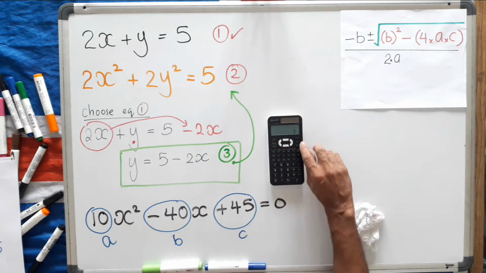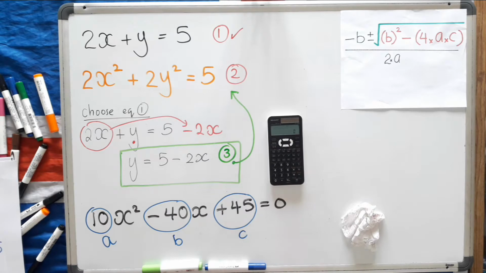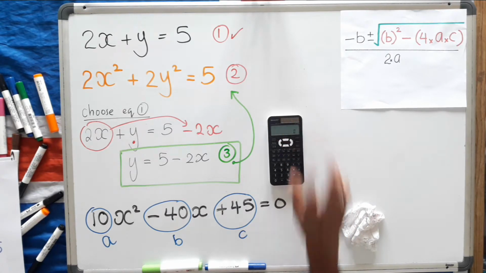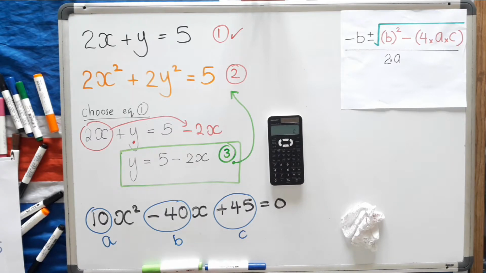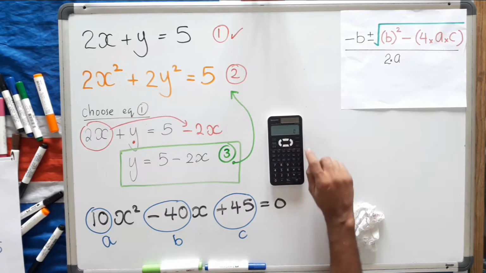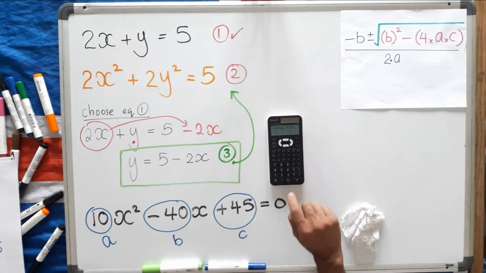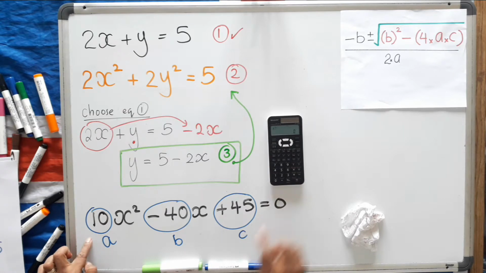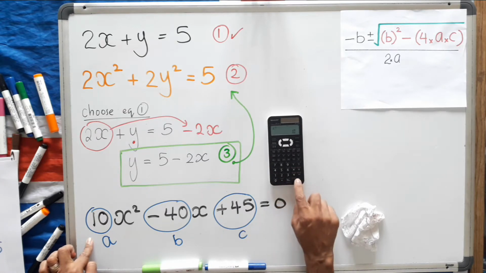So how do you do it? Well, as far as I know, once you have the Sharp calculator with the solar panel, I'm not familiar with the rest of the calculators, all you need to do is press mode 2 and press the 2 again. You will see a question mark. Type in the value of a, 10, equal.